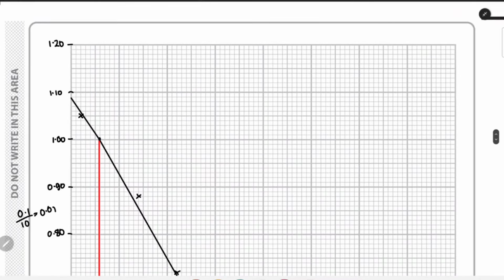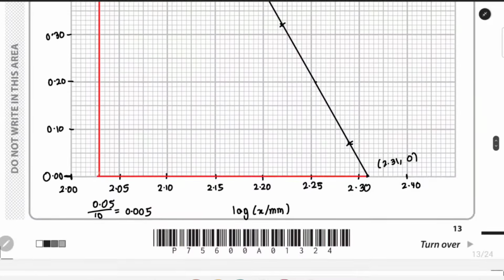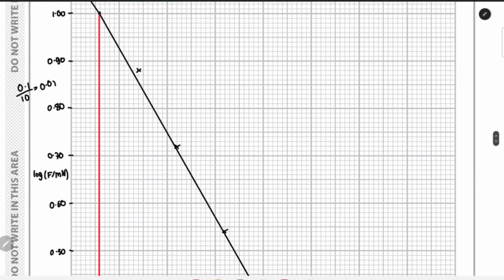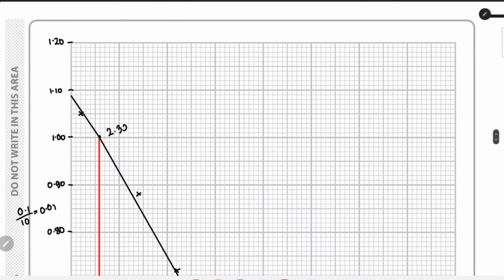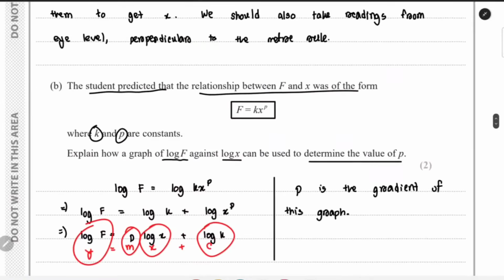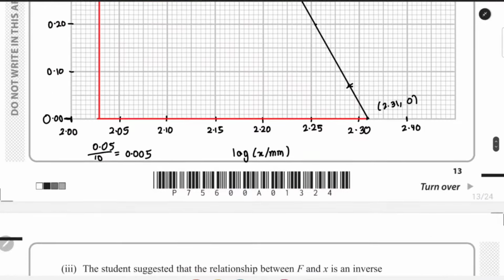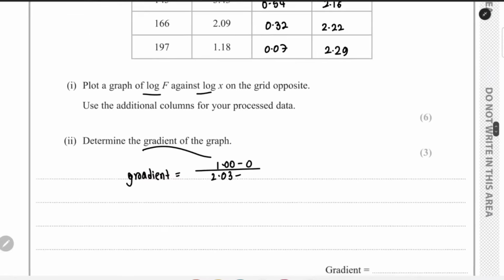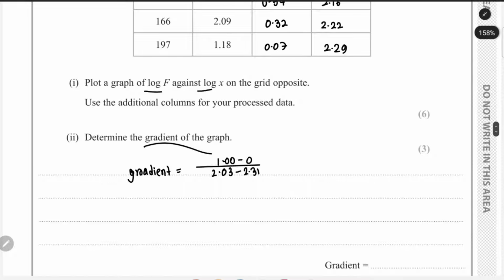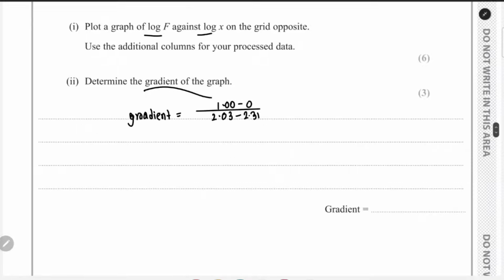This point over here is 0.30, 1.00. So 1.00 minus 0 divided by 2.03 minus 2.31. So the gradient would be minus 3.57.